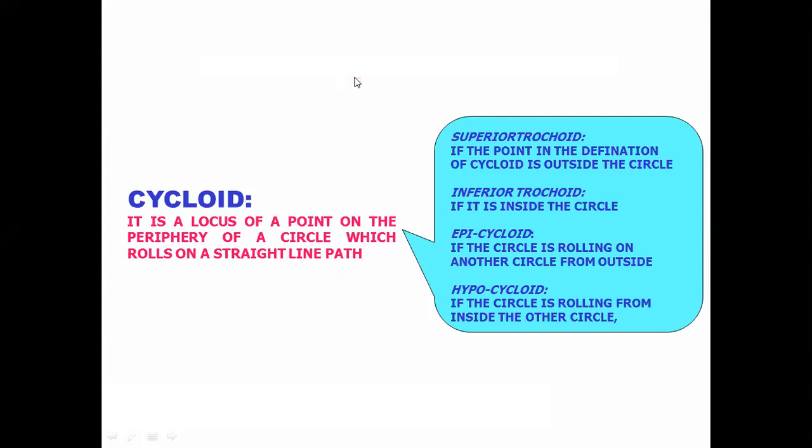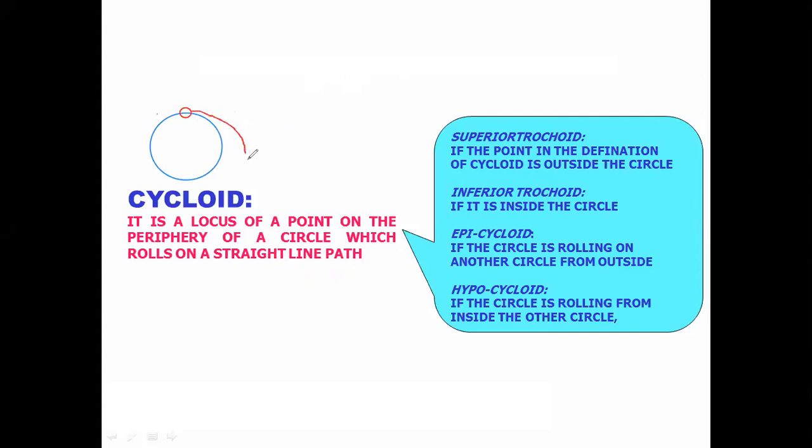If you can imagine a long travel, so let me draw this way. If this is a circle, and this is that point on the periphery, how will it rotate?